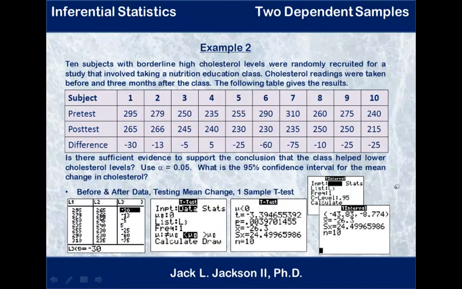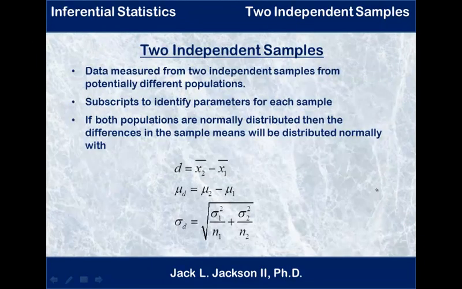Now let's take a look at a situation where we truly have two samples, two independent samples. So if we assume that we have data measured from two independent samples and they are potentially different populations, we'll use subscripts to identify parameters for each sample. So for example, n sub 1 means the sample size for data set 1.